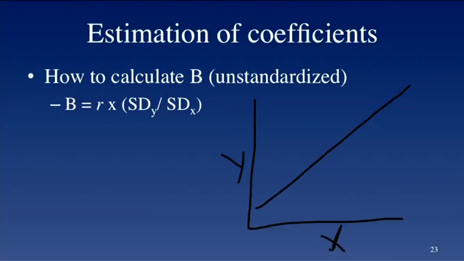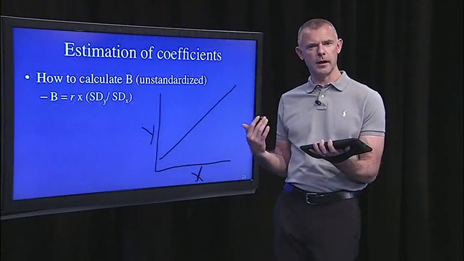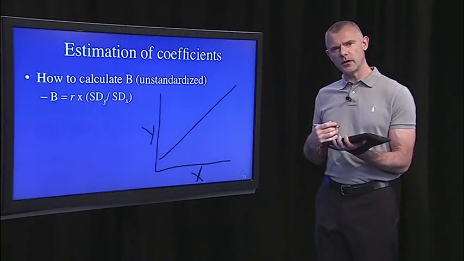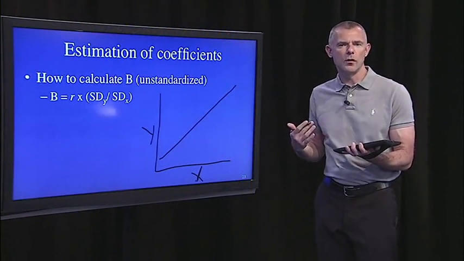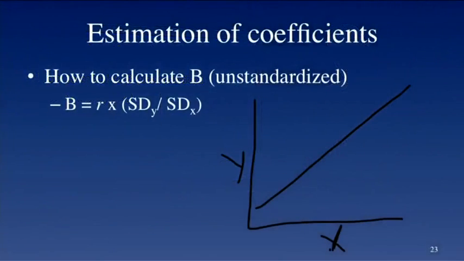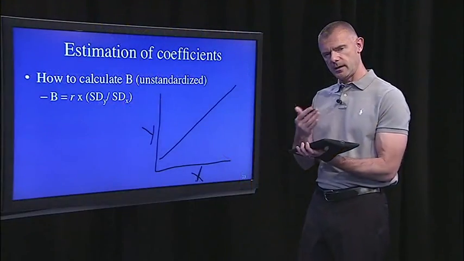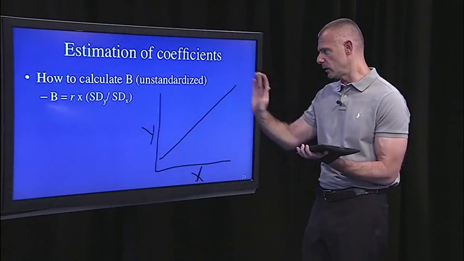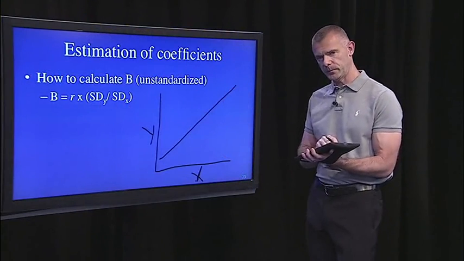So just go back to high school geometry. The slope of a linear function is just rise over run. Remember that? So for a 1 unit increase in x, it's the predicted change in y. It's just rise over run. And if we want to do this by hand, we could do it with this simple formula.